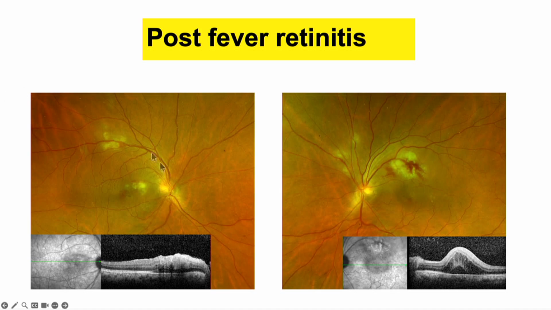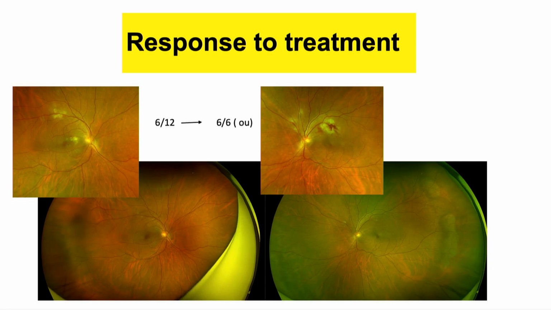As you can see on the OCT, there is a retinitis lesion here, and also in the other eye there is subretinal fluid, and you can see the hyperreflective dots in the vitreous, which are features of post-fever retinitis. So identification of these clinical phenotypes is very important, because when you treat appropriately, you get better results. This patient improved from 6/12 to 6/6 with oral steroids and doxycycline.